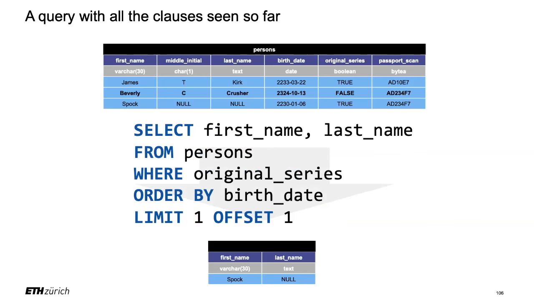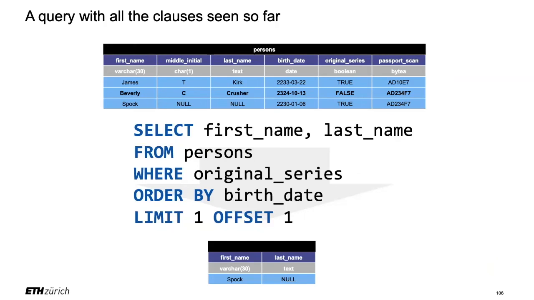Yes, exactly. Is the last one James, or is it Spock? No, Spock is the last, isn't it? Sorry, yes, you're right. 22, 23. Well, it's in the 23rd century, so I'm not used to comparing birthdays. So yes, James comes last. That would be James Kirk alone.